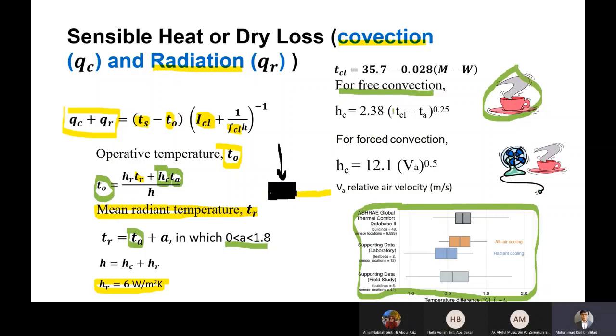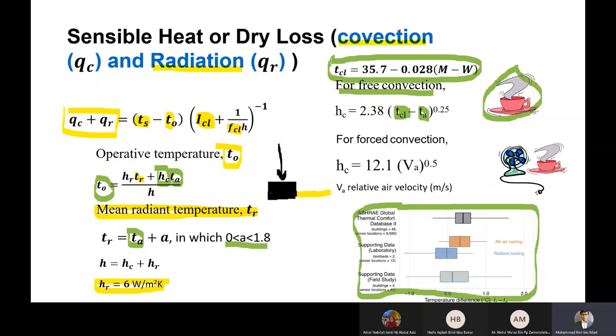So it is a function of the temperature of your clothes minus the ambient temperature. And this is an empirical equation, given the temperature of the cloth, which is the temperature on the surface of your cloth.